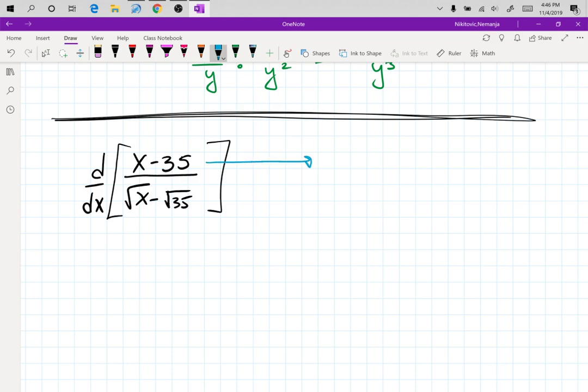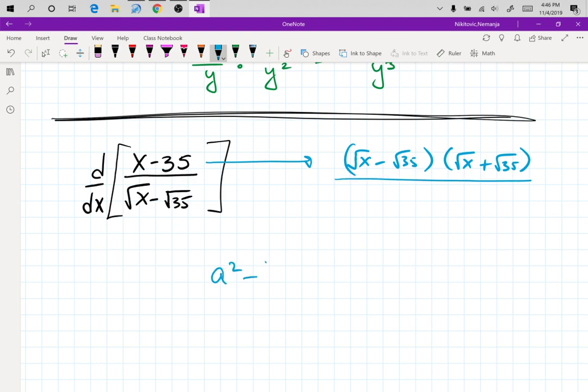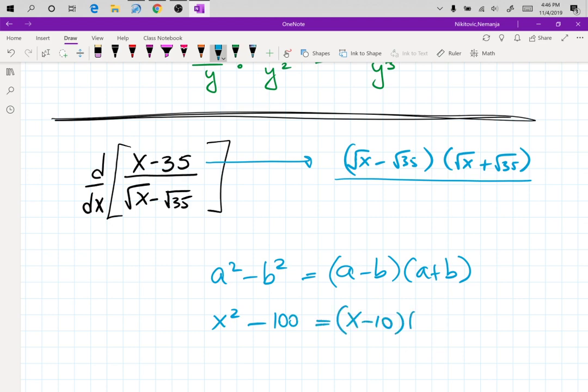So you can factor this numerator into root x minus root 35 times root x plus root 35. As long as you have a subtraction of two numbers, you can factor it. You are used to a squared minus b squared being a minus b times a plus b. This is what you are used to in your algebra course. And you always wanted to have x squared minus 100, right? To get your x minus 10, x plus 10.